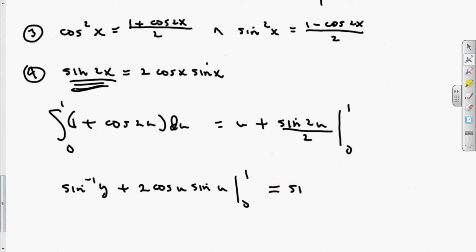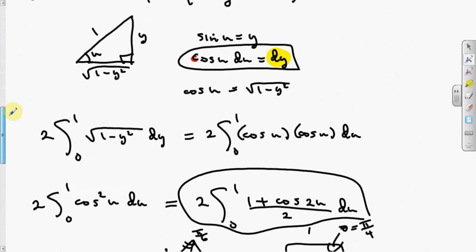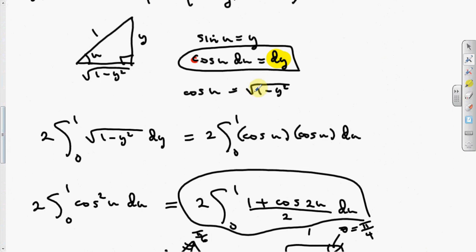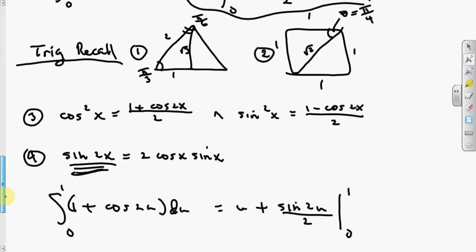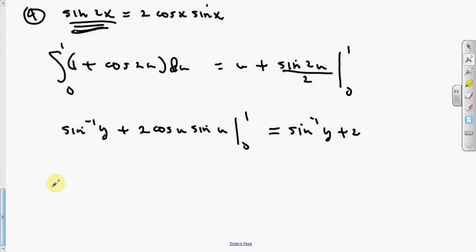So this is sine inverse of y plus 2 times the cosine from the right triangle was the square root of 1 minus y squared. So this is 2 times the square root of 1 minus y squared.